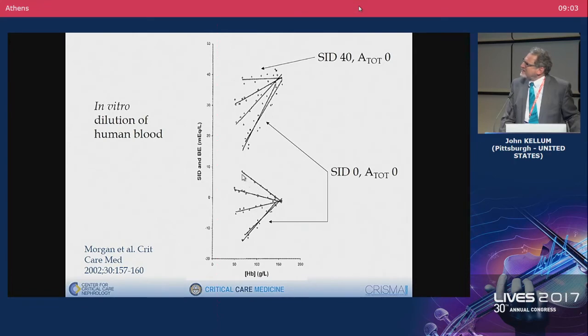The slope of this line, though, is much flatter than the decrease that occurs when I dilute the strong ion difference to zero. And you can see I get this big drop and I get this big effect on base excess. So this is the experimental evidence to support the models that I showed you.